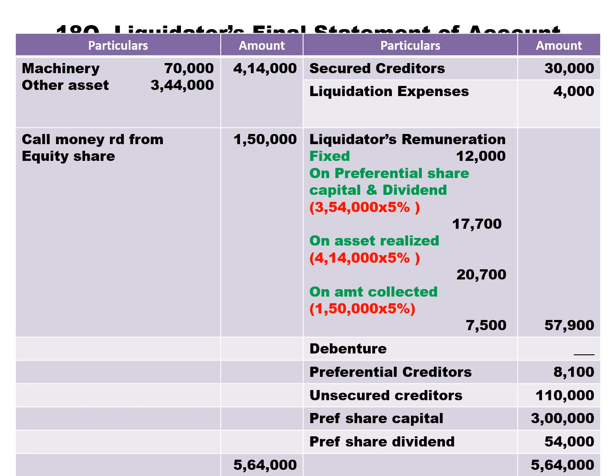4,14,000 is the total receipts minus secured creditor 30,000 minus expenses 4,000 minus fixed remuneration 12,000 minus remuneration on preference capital and dividend 17,700 minus remuneration on assets realized 20,700 minus preferential creditor 8,100 minus unsecured creditor 1,10,000 minus preference capital 3 lakh minus 54,000 preference dividend, you get 1,42,500 as shortage.